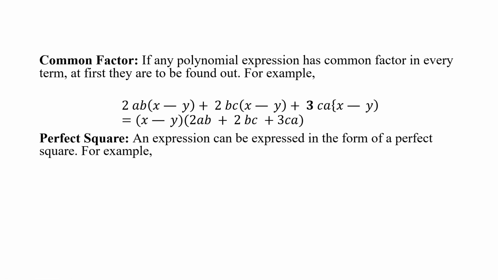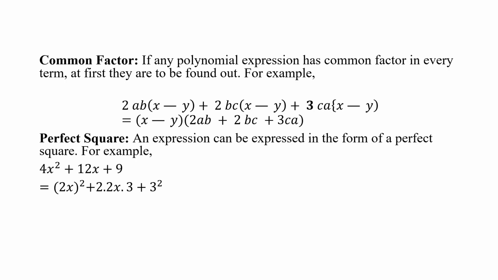Perfect square. An expression can be expressed in the form of a perfect square. For example, 4x square plus 12x plus 9. It can be written in the form: 4x square means (2x) whole square, plus 2 into 2x into 3, and 9 can be written as 3 square. So you know the formula (a plus b) whole square equals a square plus 2ab plus b square.